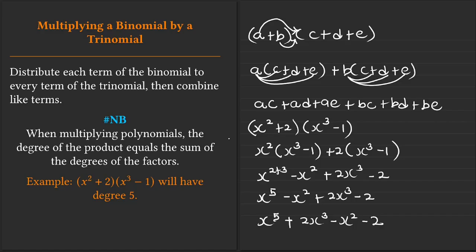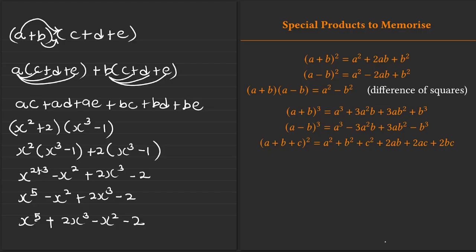In as much as we will be trying our best to multiply each and every factor we are being given, there are some that are commonly used, and it is good you get to know, if possible, even memorize them. Now, talking of these special products to memorize, if you have gone through our lesson on the binomial theorem, then you'll be quite familiar with all of this.